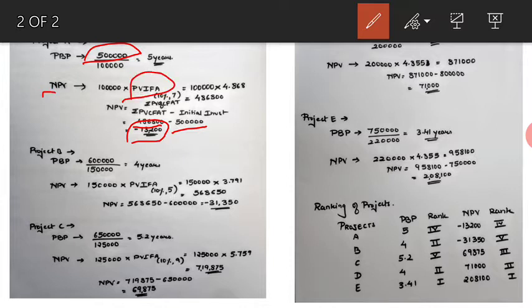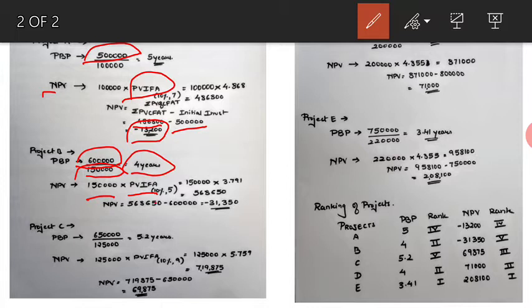Let's go to the second project, project B. The project B, initial investment given to us is 6 lakh and annual cash flows are 1,50,000. So 6 lakh divided by 1,50,000 gives you 4 years. So your payback period for project B is 4 years. Now calculating NPV, cash flows are 1,50,000 multiplied by present value interest factor annuity at 10% for 5 years.